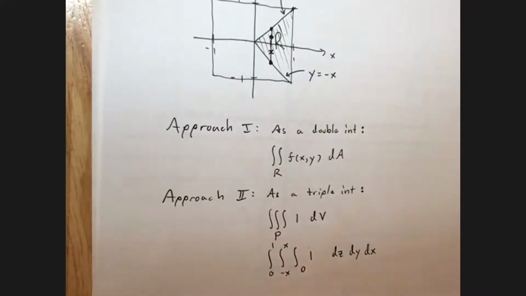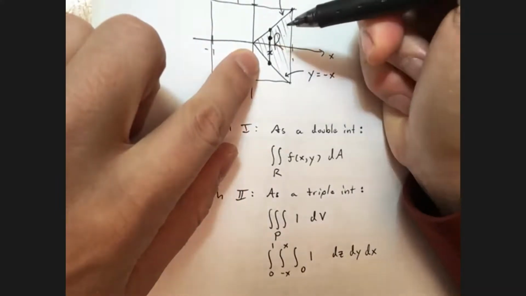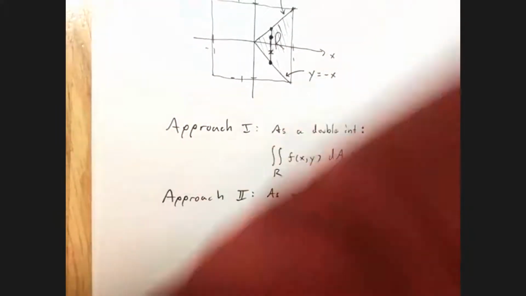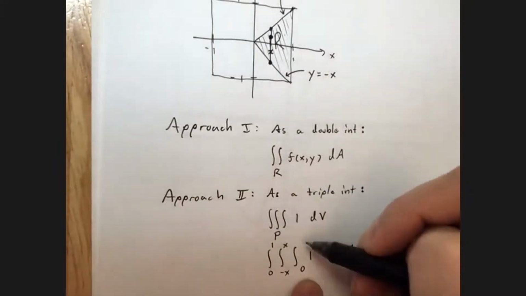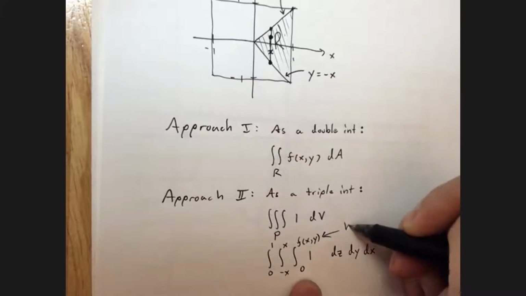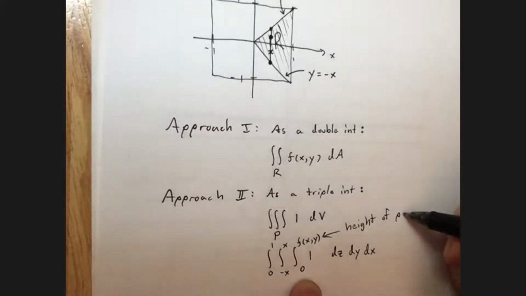Z is going to go from 0 to the height of the pyramid. So above any point x, y here, I go up to the height of the pyramid. And you can express that as a function of x and y. That's going to be the height of the pyramid.